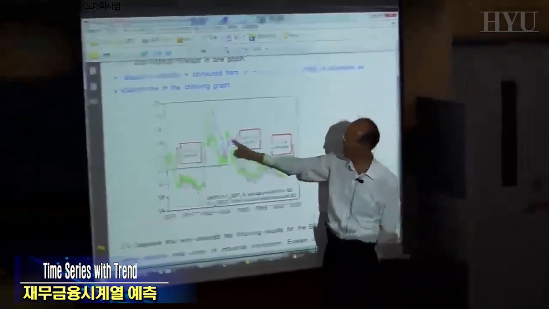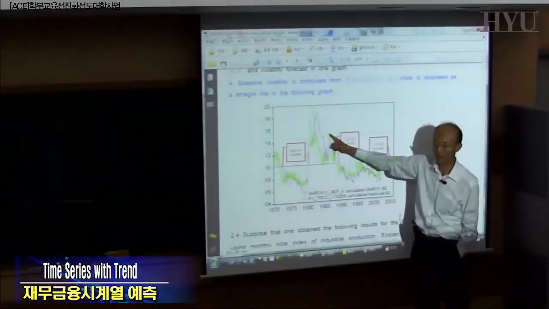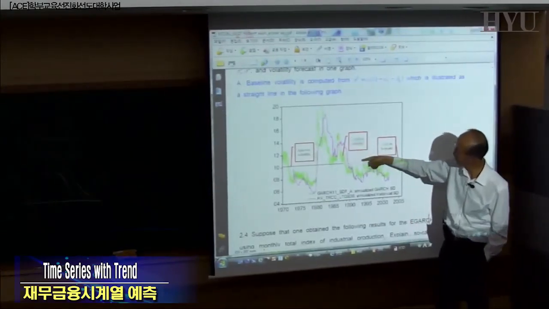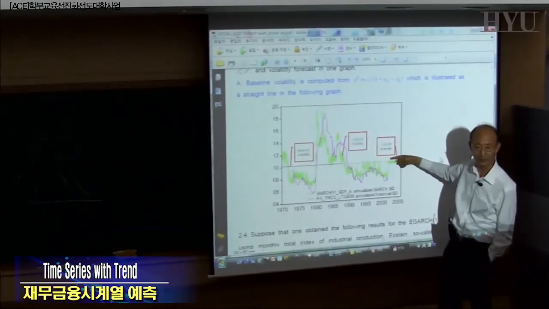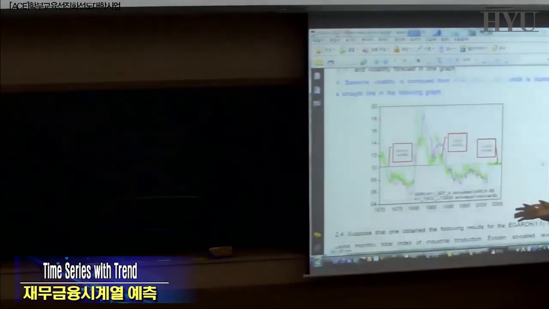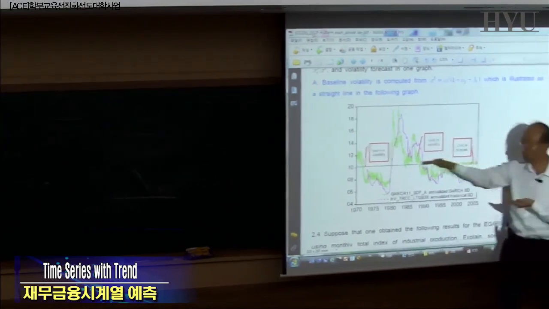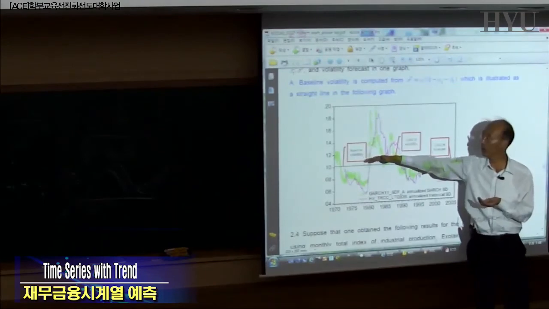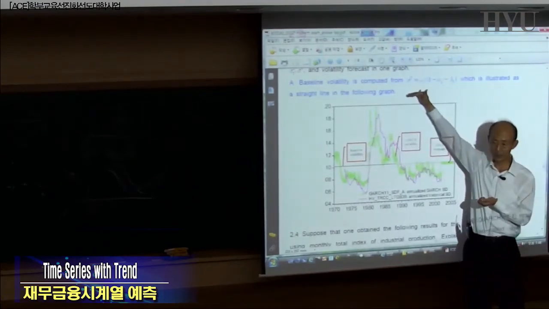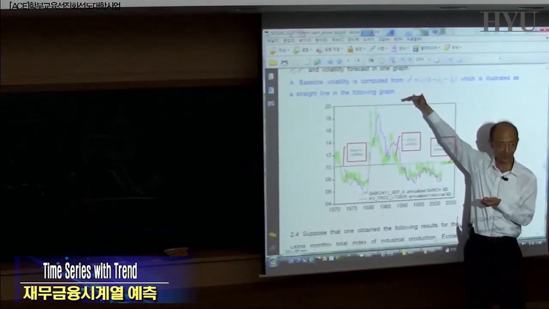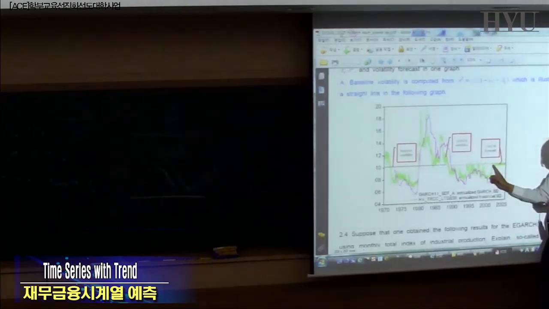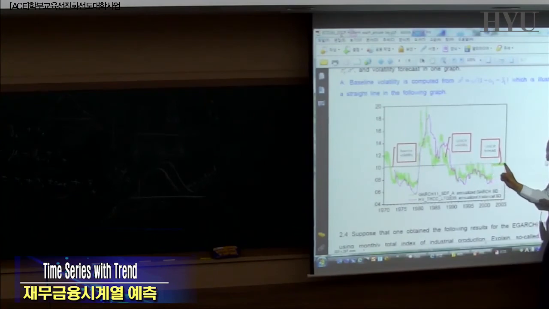If you accidentally ended up here, then your forecast has to be toward this direction. So in a GARCH model, when the conditions are satisfied, the forecast will go toward the long-term average, or what we call baseline volatility. In this case, it ended up slightly below this horizontal line, so it's moving in that direction.